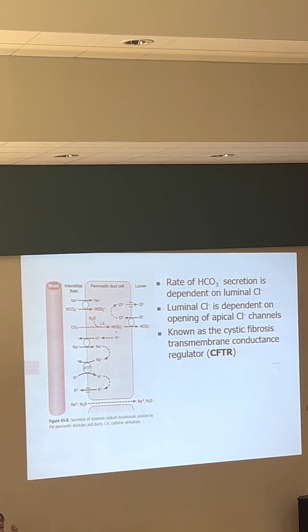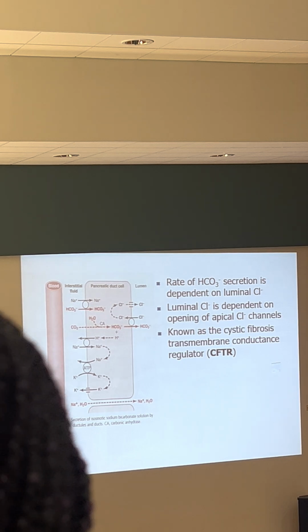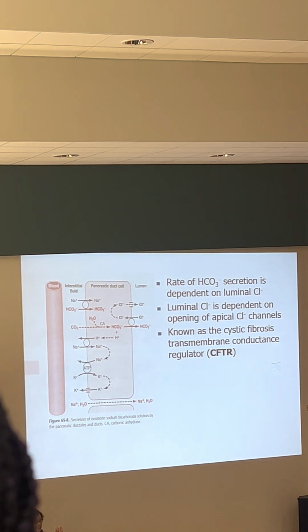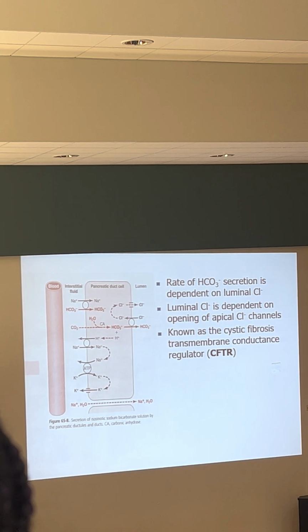And if this channel, the cystic fibrosis transmembrane regulator, is not working, is defective, has not been synthesized, or has not been put into the apical membrane of the duct cells, you're going to have a problem. And this is a result of a condition called cystic fibrosis. So cystic fibrosis affects many cells that require chloride transport, and this is a mechanism that requires your cystic fibrosis transmembrane regulator channels.